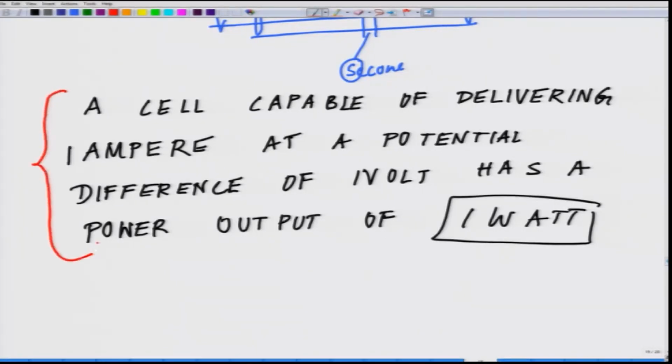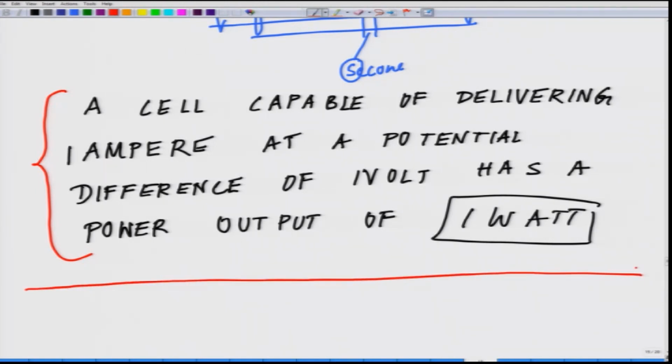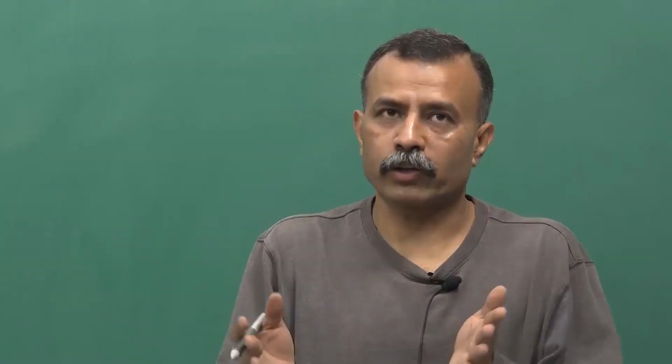So, this relation, this definition: a cell capable of delivering 1 ampere at a potential difference of 1 volt has a power output of 1 watt. So, please remember these basic concepts, because they will be extremely helpful for us to solve most of the problems we will be dealing with in this basic fundamental electrochemistry or bioelectrochemistry.